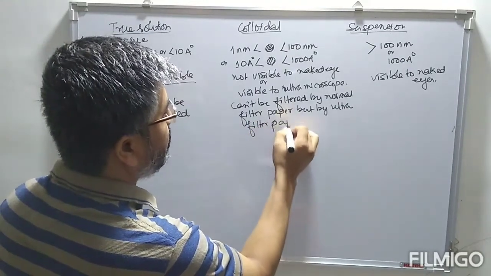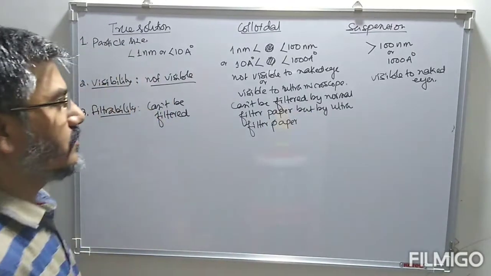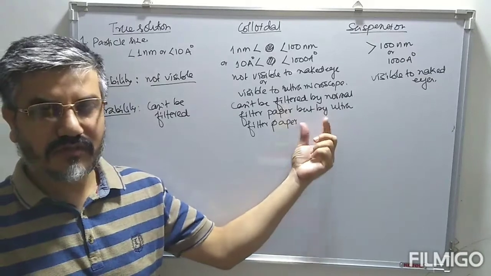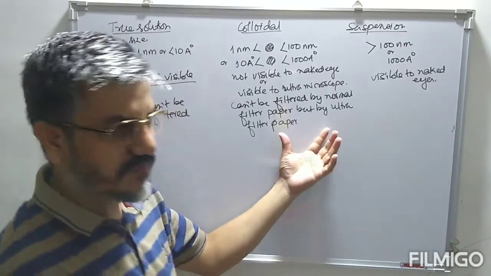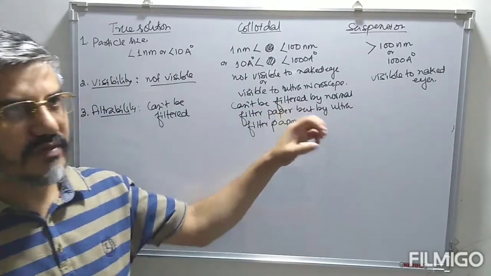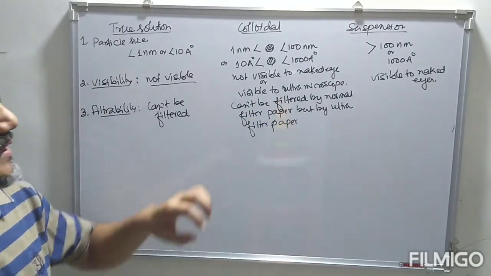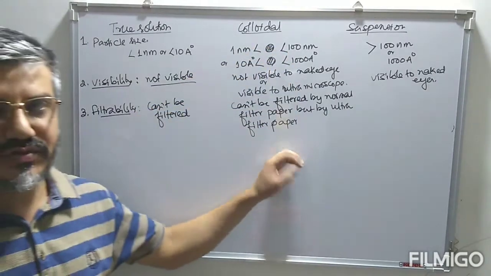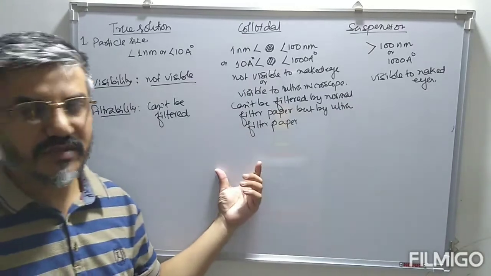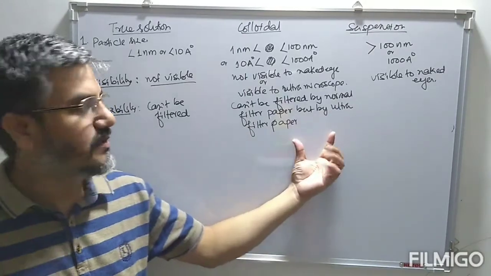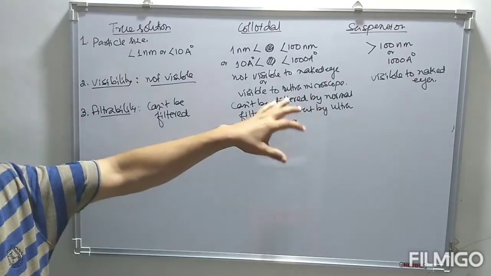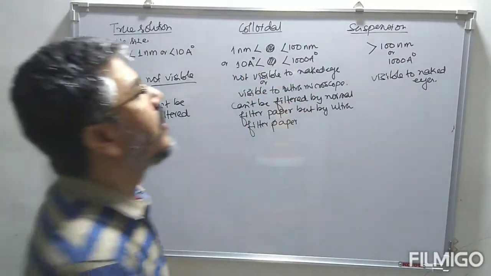That means we can impregnate the normal filter paper with some other substance, by use of which the pore size can be reduced. If the pore size is reduced, then the particles of colloidal solution cannot pass through the filter paper. So this can be filtered by ultra filter paper, but not by normal filter paper.